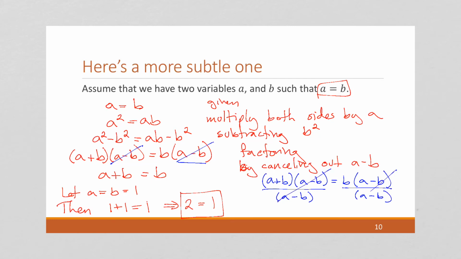Right, that's how we did it. But what is a minus b? If a equals b, then a minus b is 0. So we're dividing by 0. And that's not allowed. So we can't do this line.